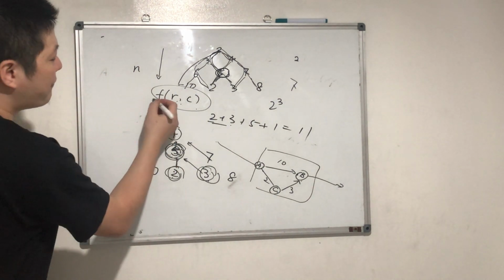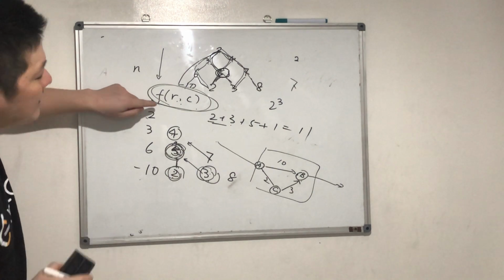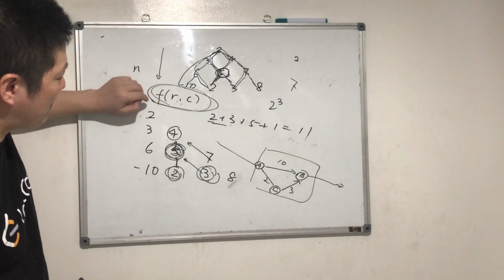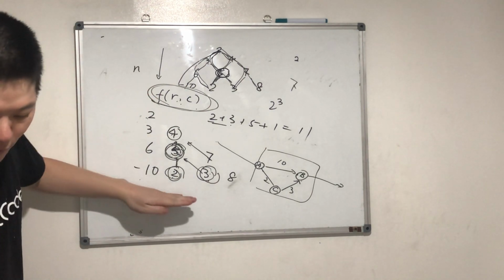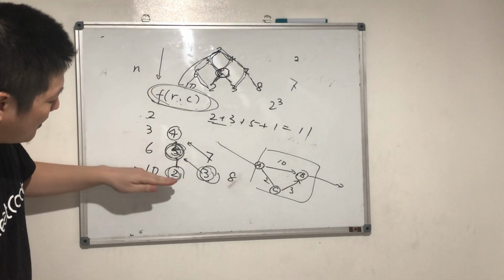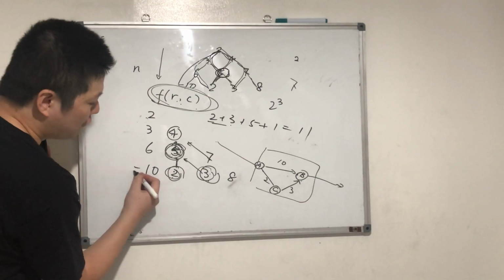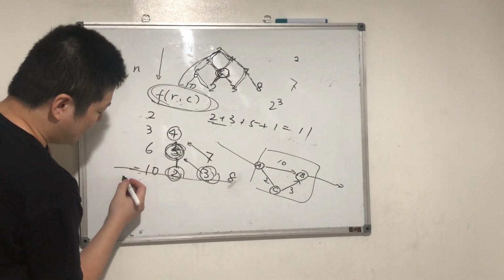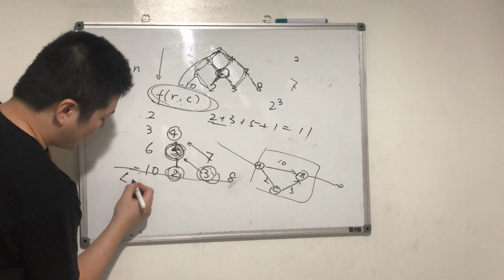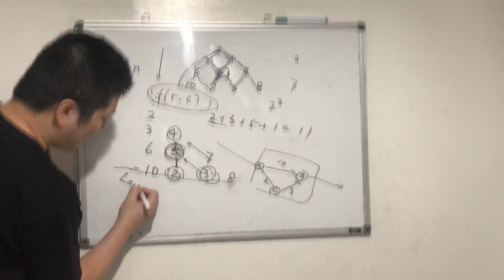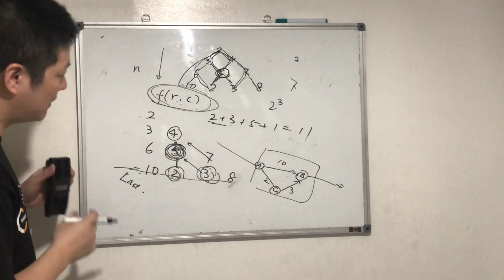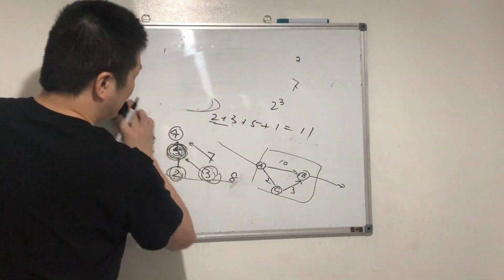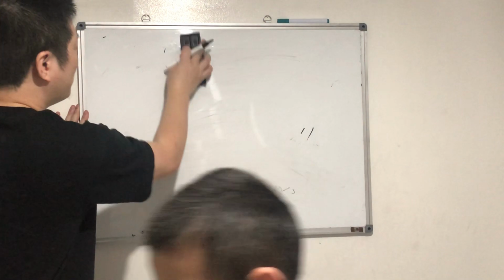So let's define a dynamic programming function, which is f(R, C), meaning the minimum path sum from the last row to this position. Does it make sense?